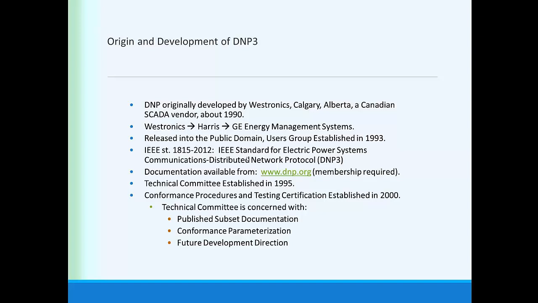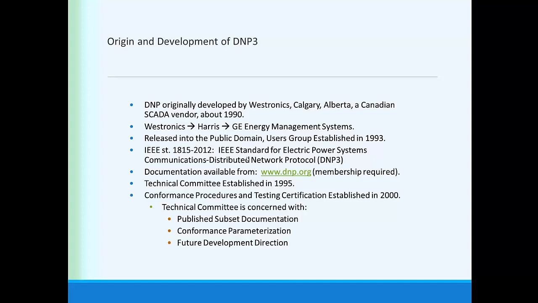We used to talk of DNP as being defined by either the Basic 4 or the Basic 8 document set. You'll hear that terminology pretty frequently. At this point, the official definition of DNP is contained in the IEEE 1815 standard, and pretty much anybody can get that from IEEE. You can download it and it acts as standard documentation for how the protocol is used.